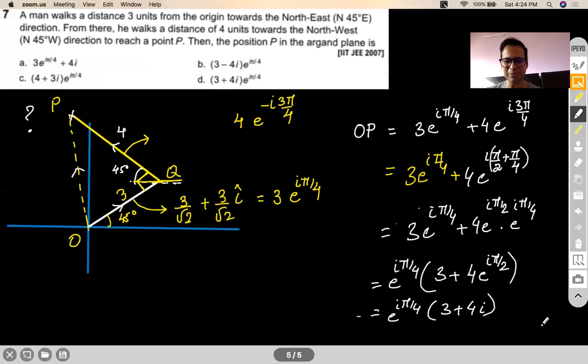Let me see the response once again. D got the second highest vote, but many of you went for B. Why? Oh, okay. So this will be nothing but option number D. Is the idea clear?